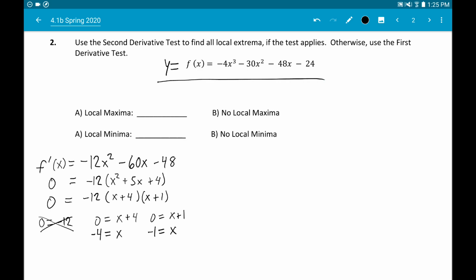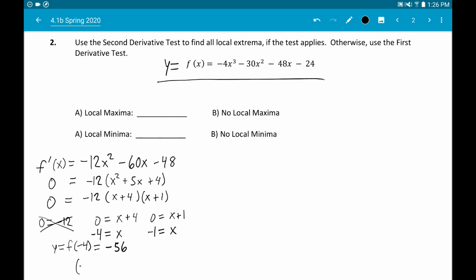Let's go ahead and calculate those. If we plug negative 4 into the original up there, let me get my calculator here. Negative 4 times negative 4 cubed minus 30 times negative 4 squared minus 48 times negative 4 minus 24, I get negative 56.